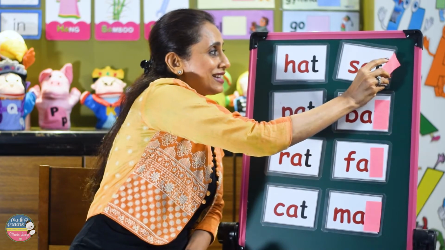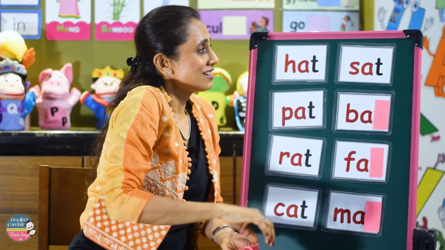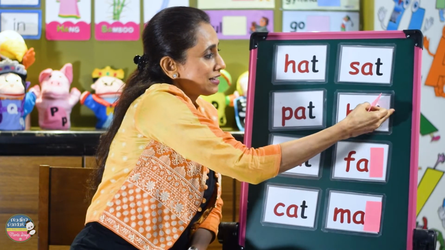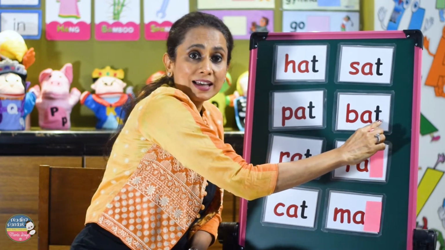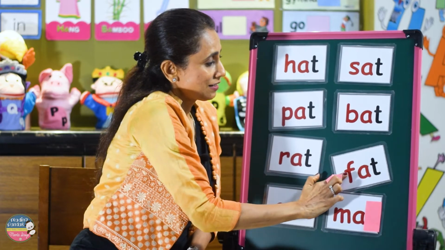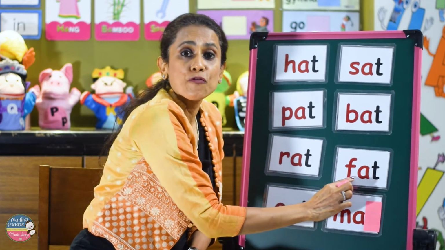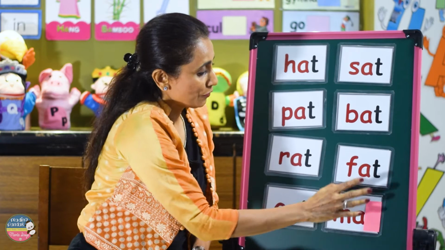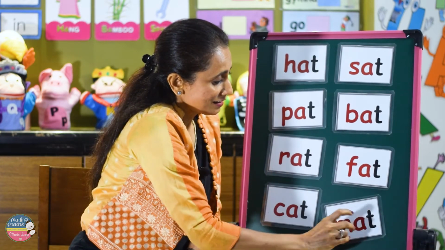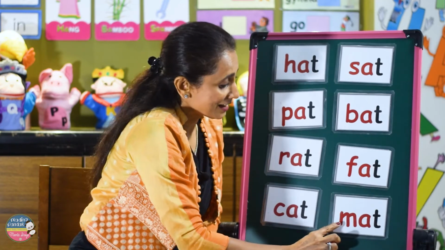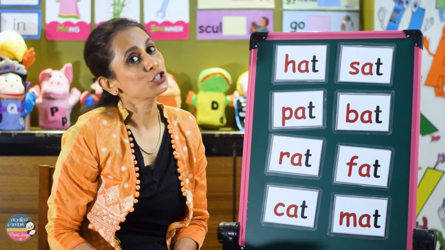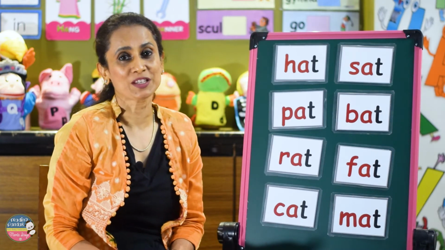Sat, sat, bat, fat, fat. And then finally we have ma, mad. Very good. Now let's move on to the other segments in A CVC words.